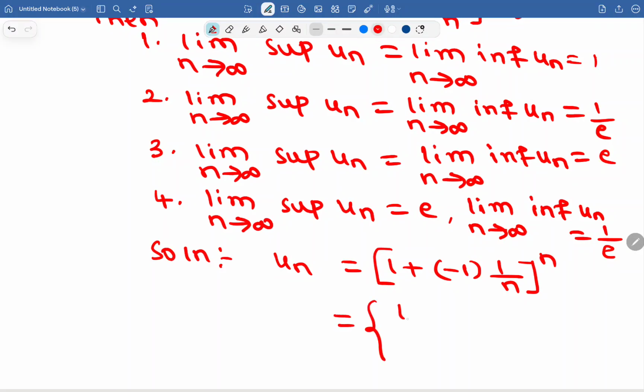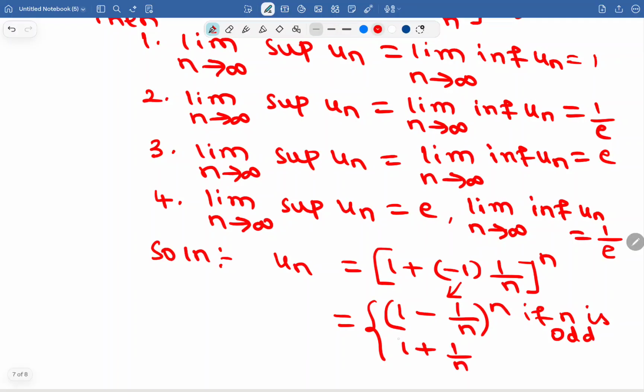We can write it as 1 minus 1 by n power n if n is odd, since for n odd this value becomes minus 1 by n. If n is even, it becomes 1 plus 1 by n power n.